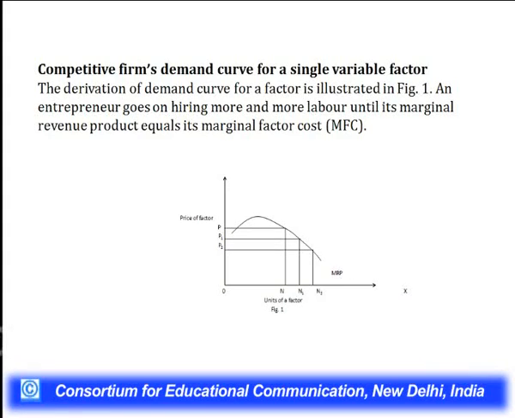Why? Because VMP is equal to MPP into AR, and MRP is equal to MPP, which means marginal physical product, multiplied by the marginal revenue. But in case of perfect competition, we know AR is equal to MR. So that is why VMP and MRP are the same in case of perfect competition.